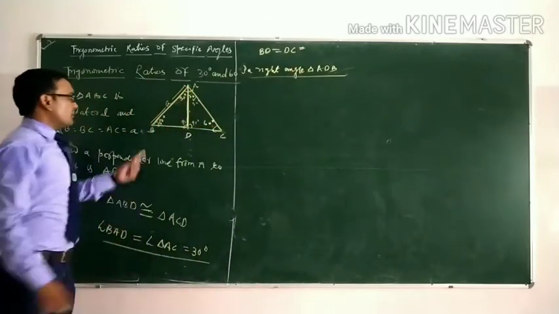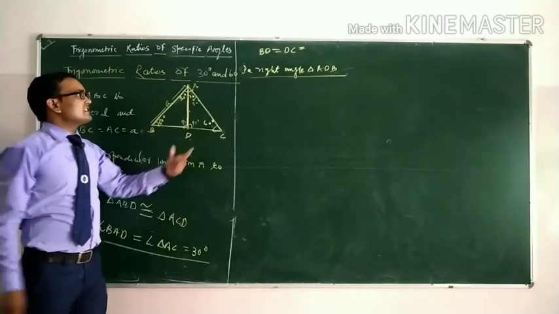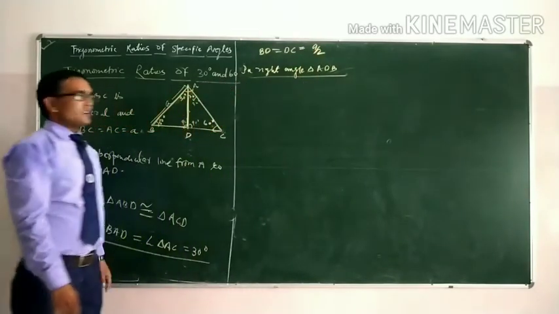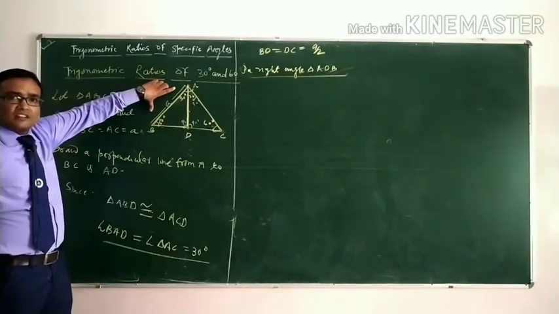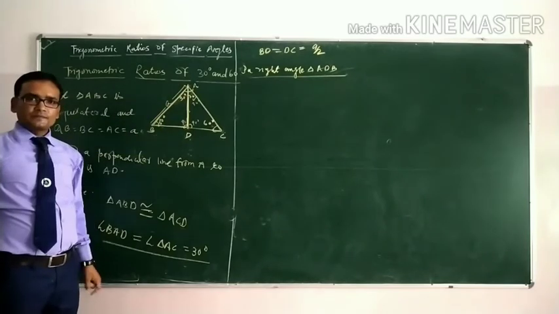And complete BC is A, then BD and DC are A by 2, and AB is A. We find the value of AD.